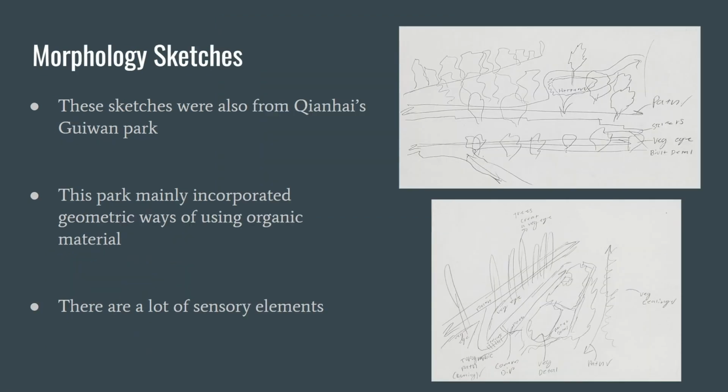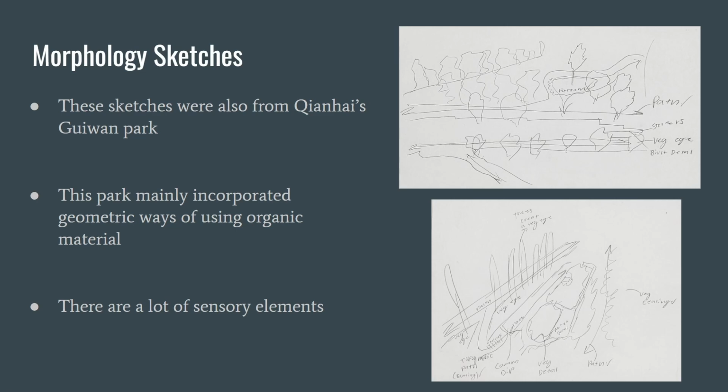So now on to the morphology sketches of Gwen Park. When I looked at these, I mostly saw geometric shapes throughout the organic material. By this I mean, if you look at the top picture, you can see that I very roughly sketched out where all the trees were, and mostly all the trees were lining the path so that you can follow the path and the trees kind of guide you in that direction.